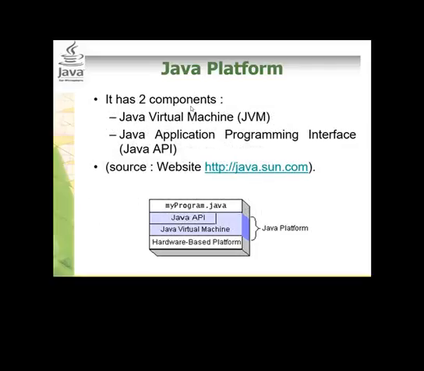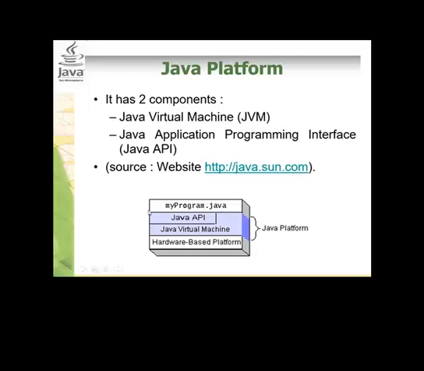Again, I keep describing the Java virtual machine. As you can see here, the Java platform requires the Java virtual machine. This is basically the virtual computer. We can call it a virtual computer that translates the class file, or the bytecode file, into machine executable instructions. If any API is needed, such as Swing or AWT, it will be called together by the Java application programming interface.